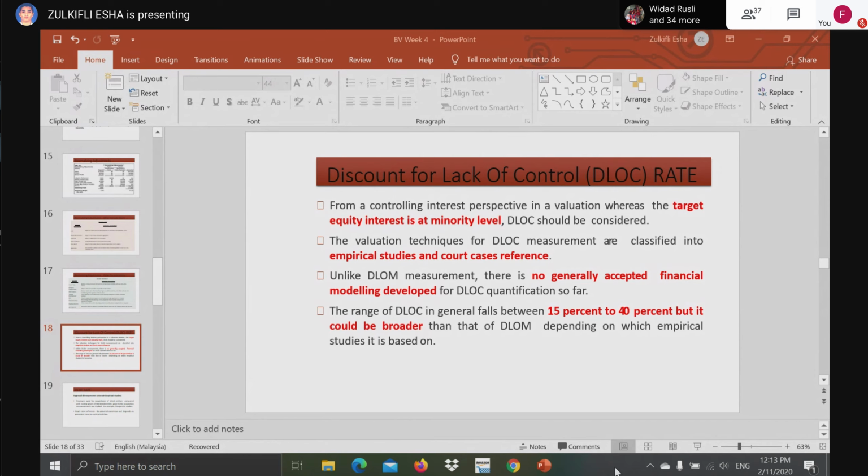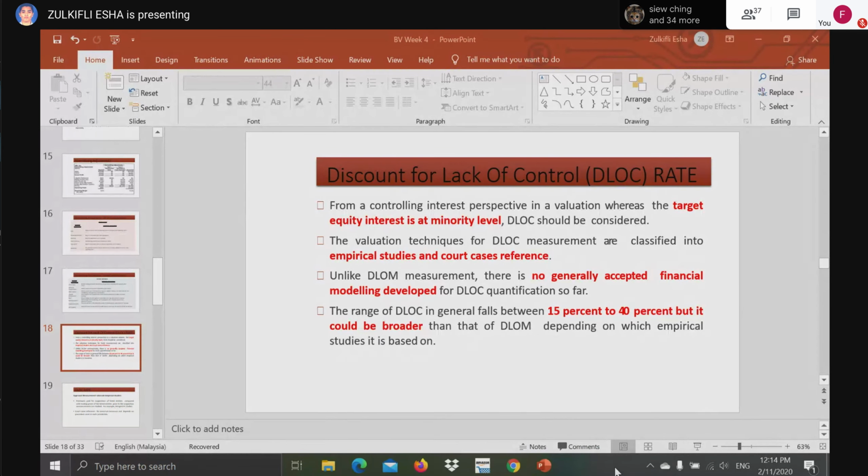So if the interest that you are valuing is the minority interest, minority shareholders, who don't have any control over the company, you should consider giving some discount for lack of control.